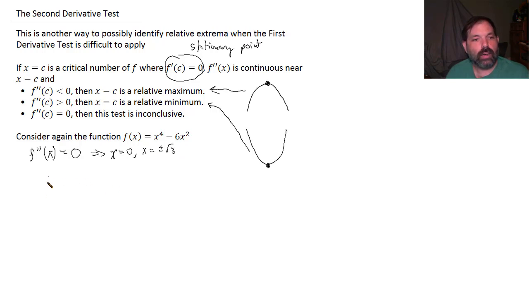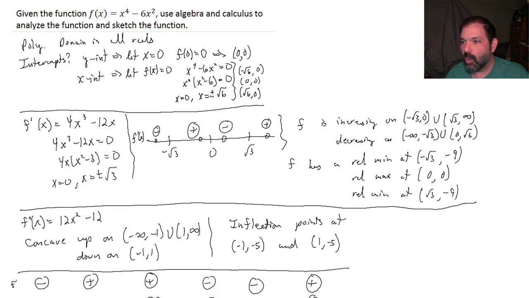I'd forgotten already that it was the first derivative, not the second. The first derivative of f of x was 0 at 0 and plus or minus root 3. And the second derivative of f was then 12x squared minus 12.